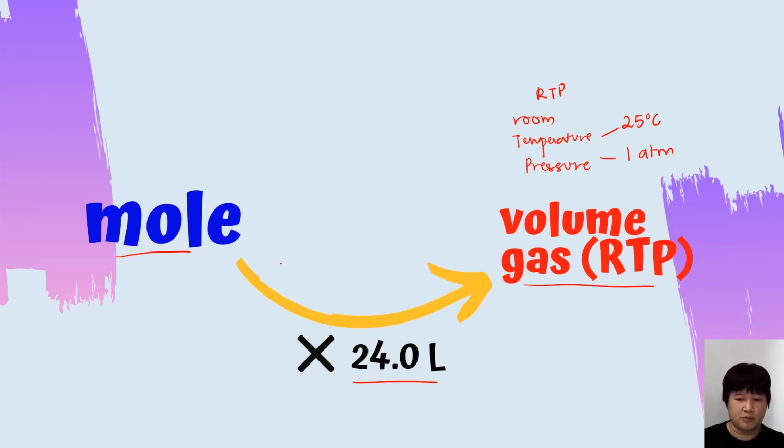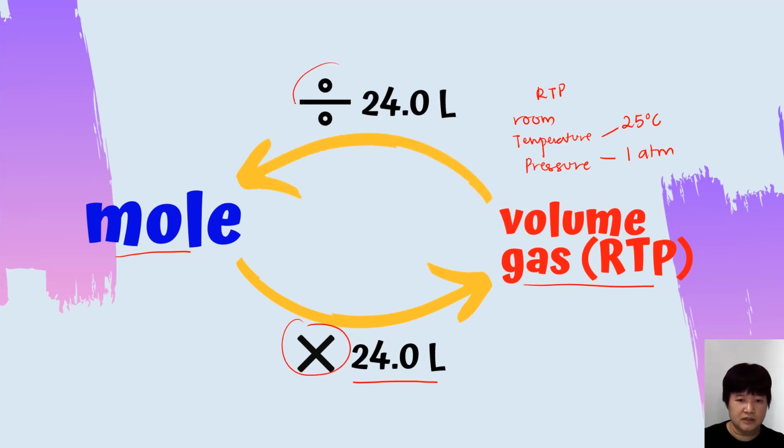So changing from the mole to volume is times. Vice versa, from the volume to mole, we divide. So the 24 liter is what we call molar volume at RTP.